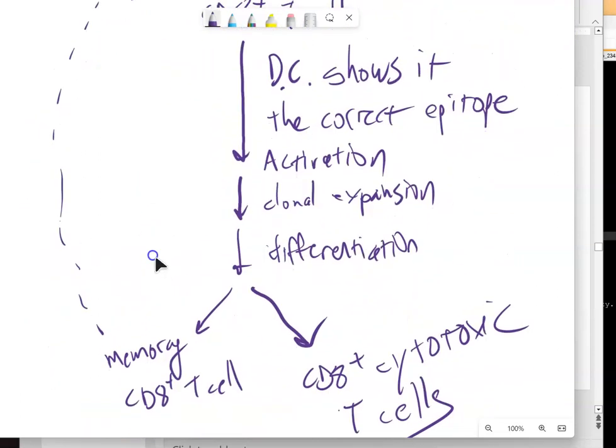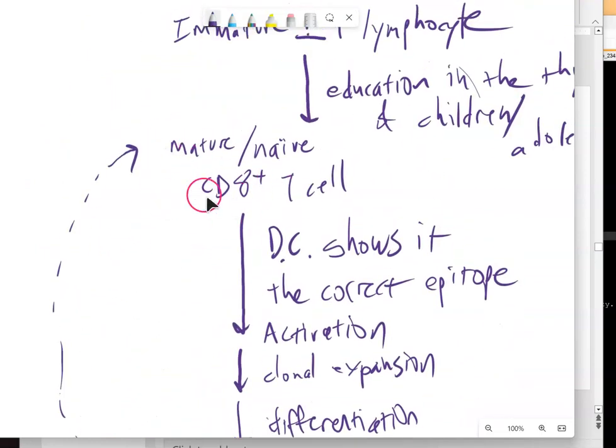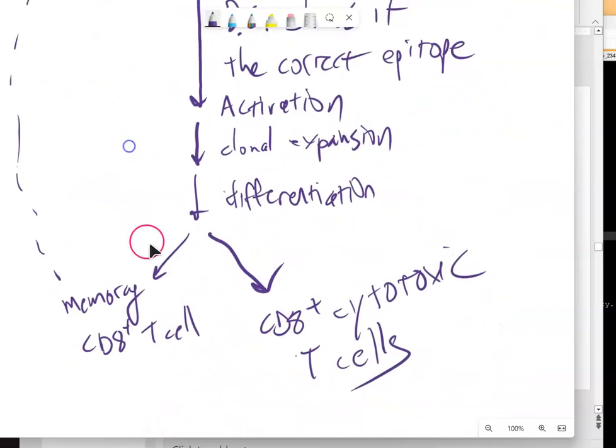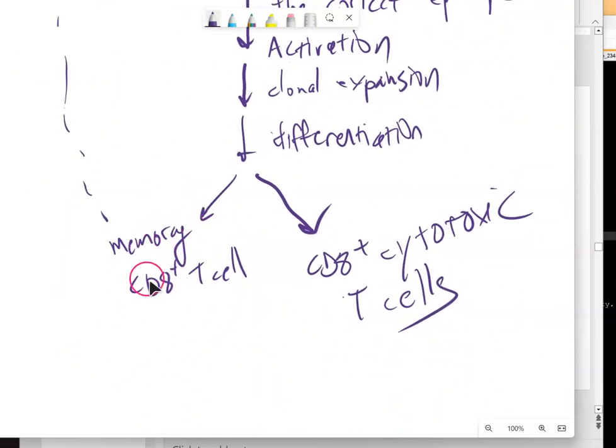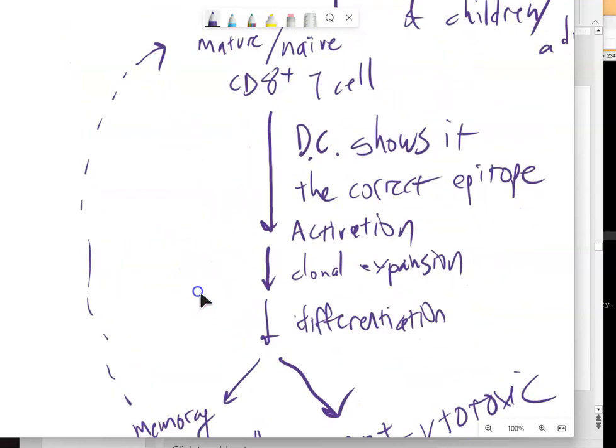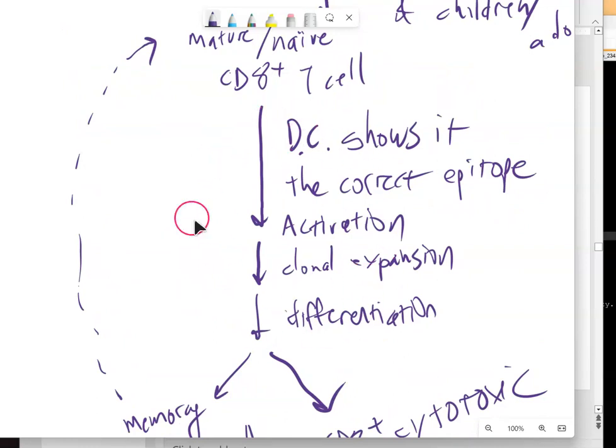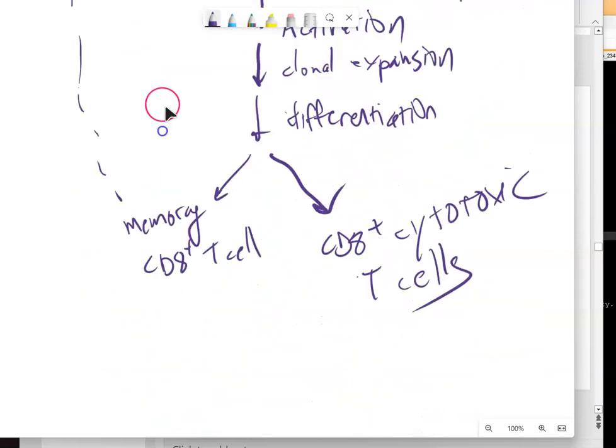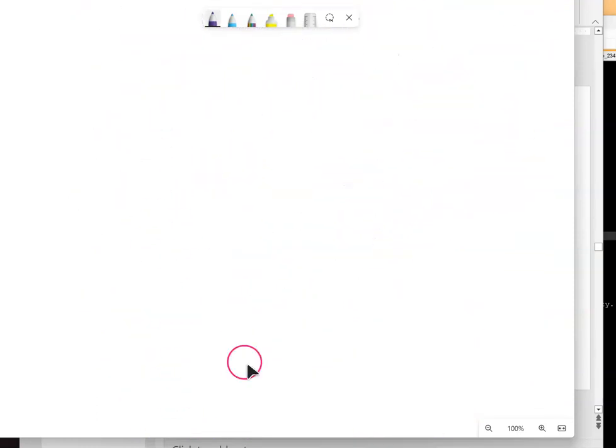So if you were going to do this for a CD4 positive T cell, the only difference would be it would make a CD4 positive memory T cell, and then depending on what the body wants at that time, it's either going to make type 2 or type 1 helper T cell. That's not determined until this process begins. And we haven't seen what determines that yet. So that is T cell development.